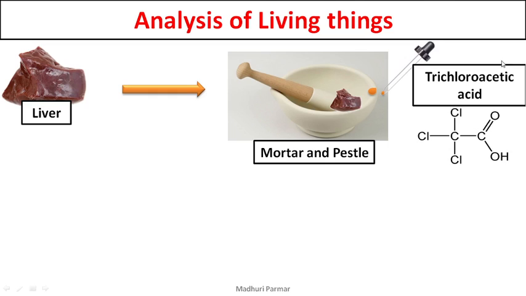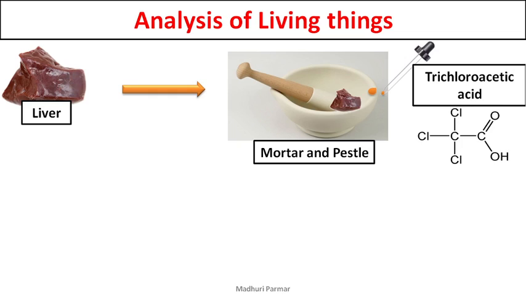Okay. Now, the name, I hope you know chemistry very well, right? Even if you don't, do not worry. Just keep trying. Fine. So trichloro. So three chlorines. One, two, three. Right? It has some molecule which has three chlorines. Trichloro. Acetic acid. Acetic acid is nothing but CH3COOH.